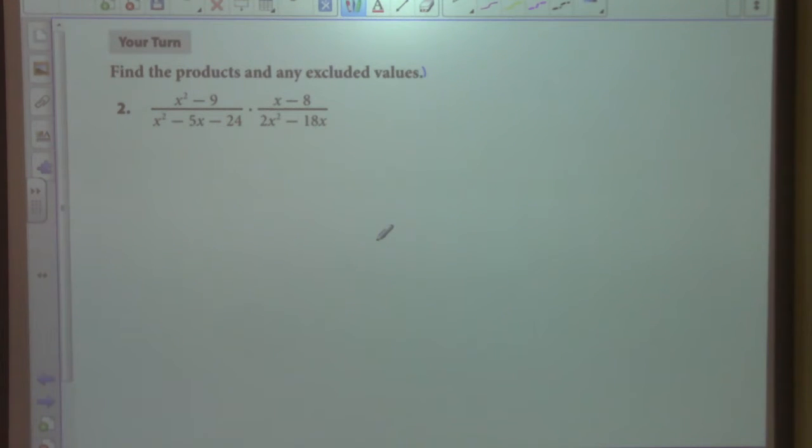Yeah, so Ben says the value of x that makes the denominator of either fraction equal to 0. Okay? So that's what an excluded value is. We did that in section 10.1, and we're going to do it again here. Any ideas on how to do this problem?